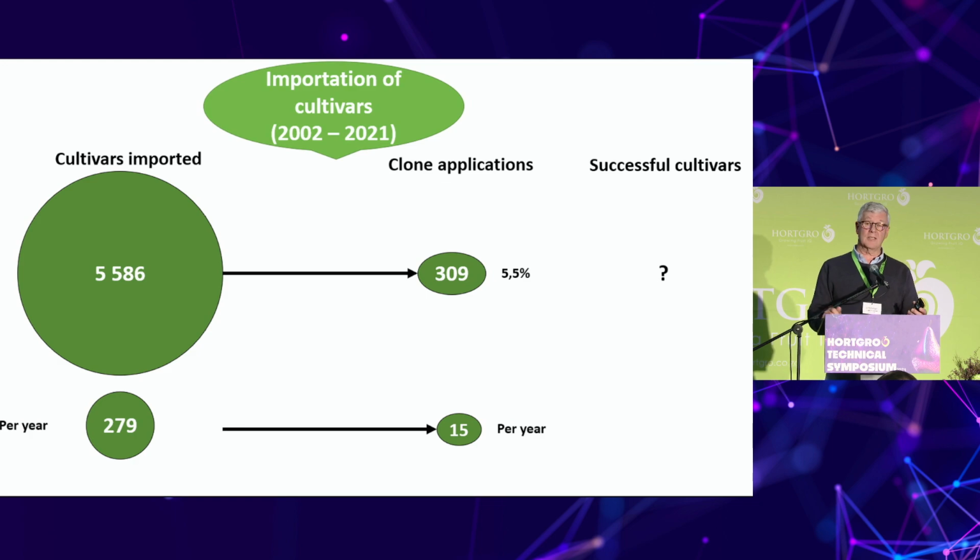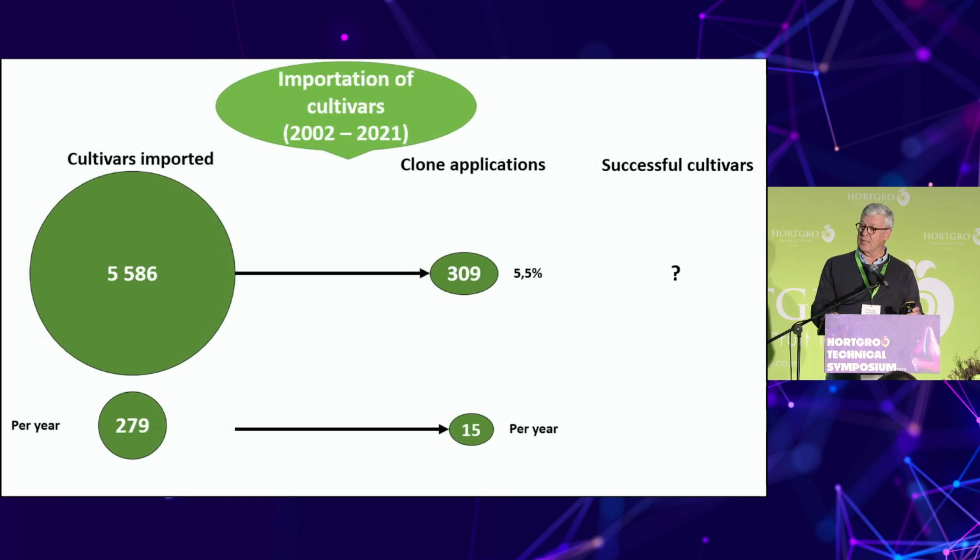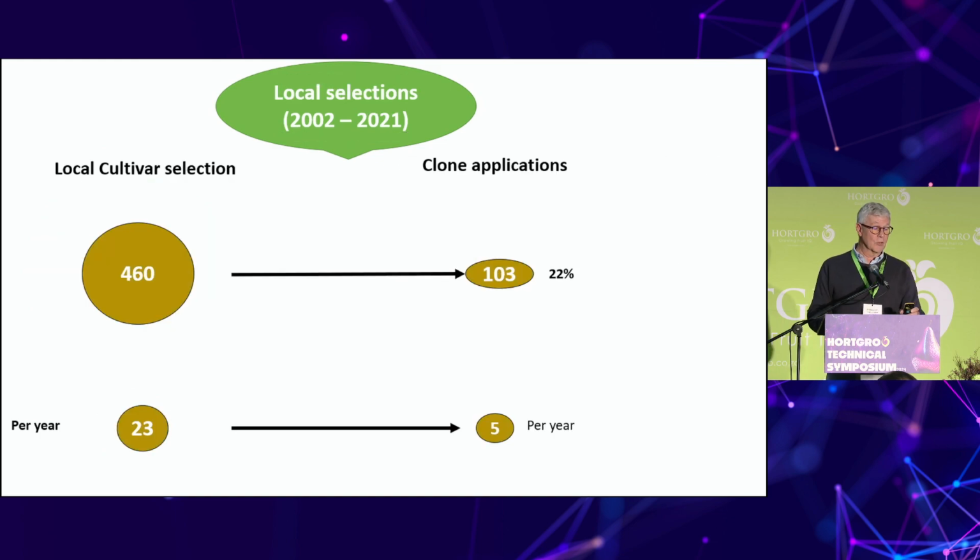So just to get a sense of the enormity of the number of cultivars and the processes they go through before you get something that is adaptable and suitable for your own area. If you look at locally developed cultivars, there's a higher percentage of those that make it, basically because it's been developed or selected in South Africa, so we assume that it is more climate adapted.